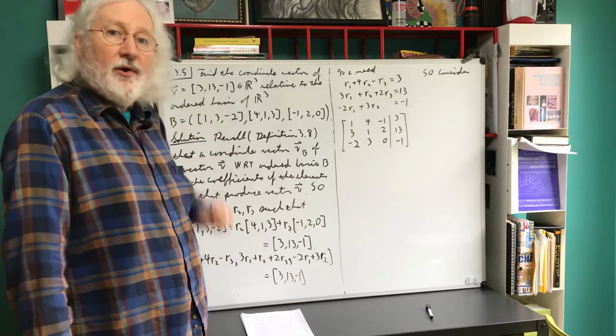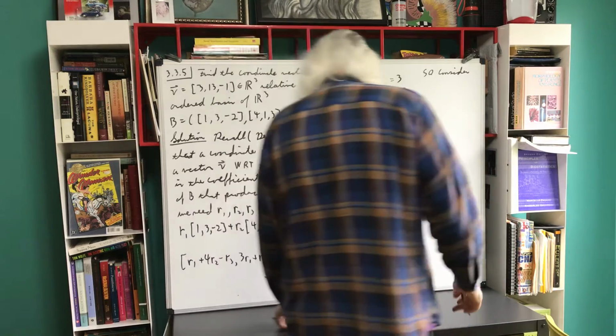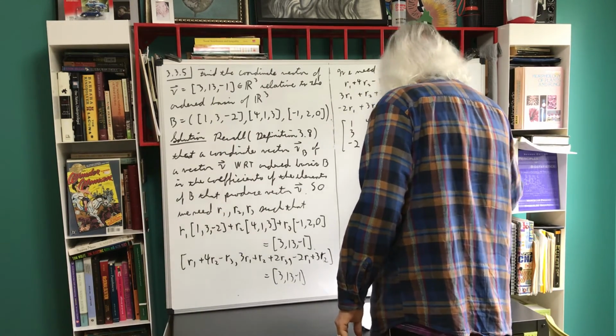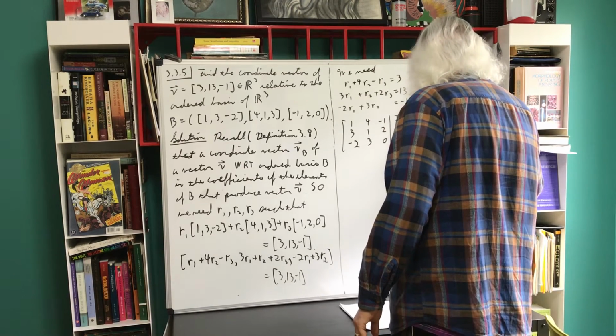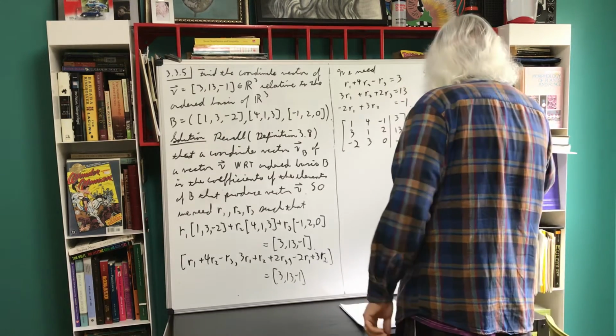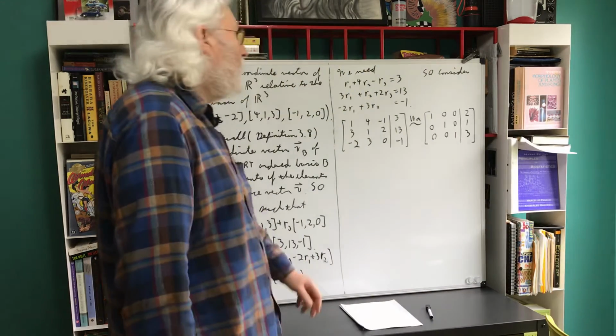We found the coordinate vector of vector v with respect to this ordered basis. Now Wolfram Alpha tells me if we row reduce this, then we get the following. We'd better have a unique solution or else we don't have a basis. And it produces this output.